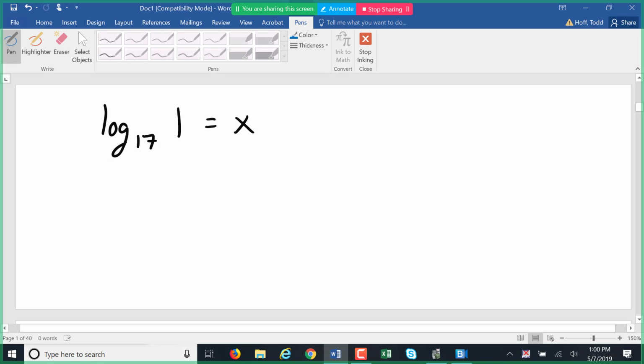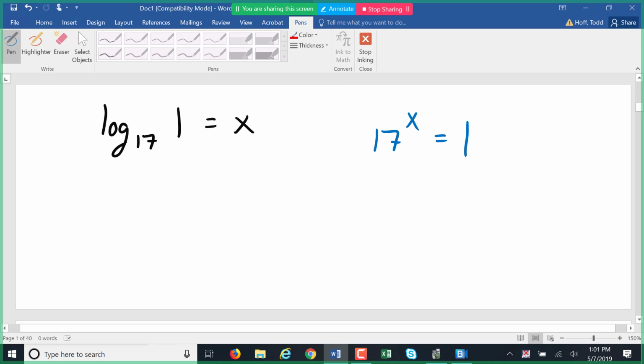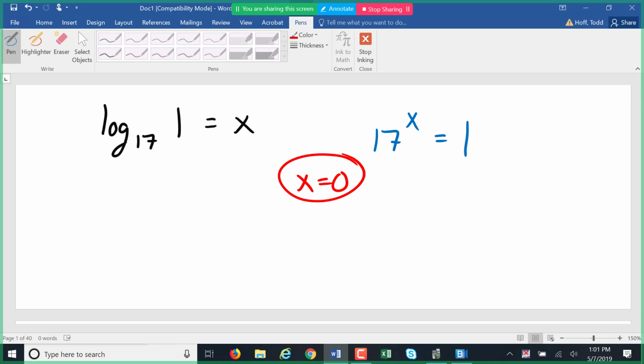So the equivalent exponential form here is 17 to the power of x equals 1. 17 to what power equals 1? Well, anything to the power of 0 equals 1. 17 to the power of 0 equals 1. I know, I sometimes think I'm funny.